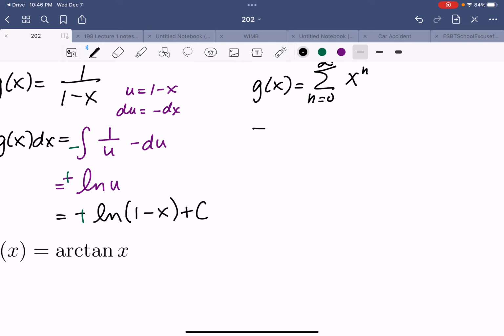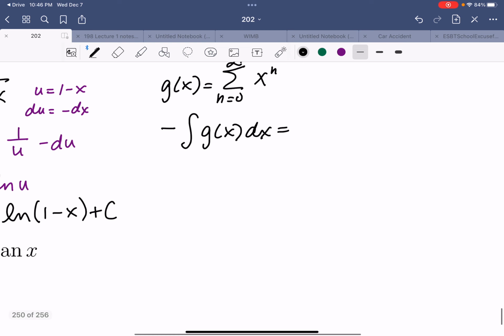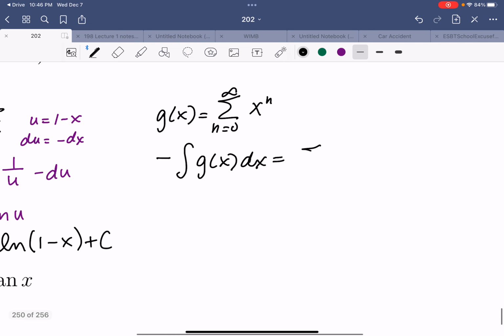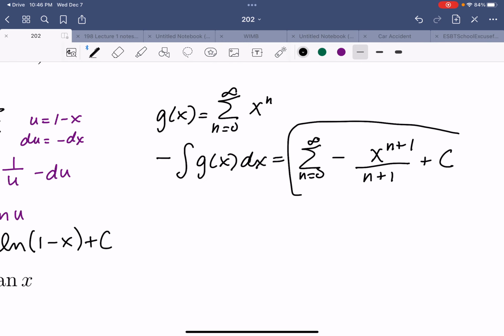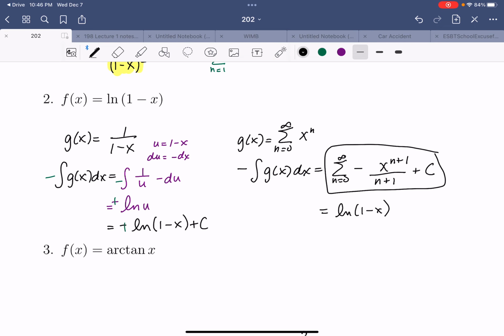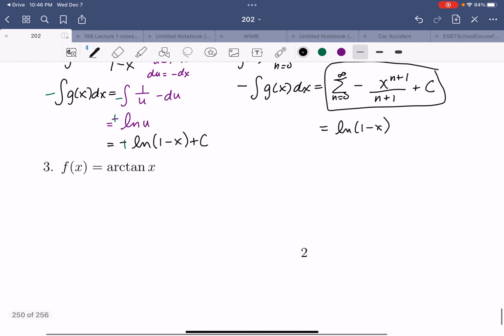So then we want the negative integral of g of x dx, and that's going to be negative, sum n equals 0 to infinity, negative, and then the antiderivative of this is going to be x to the n plus 1 over n plus 1, plus a constant. And so this is what's equal to the natural log of 1 minus x. So notice that you can use derivatives and integrals to build your functions.